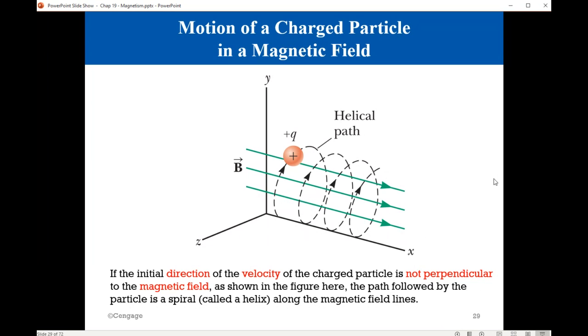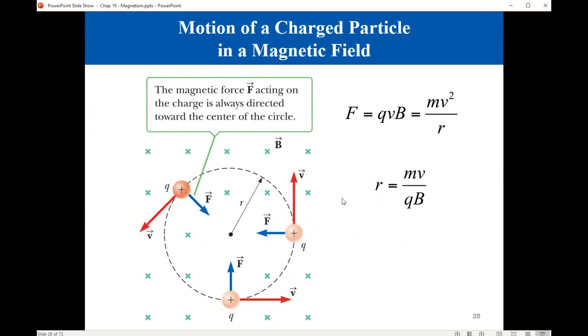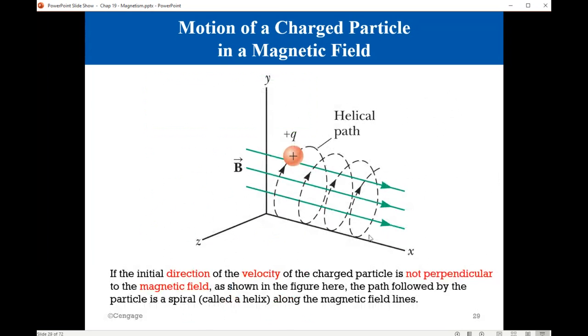We call this a helical path. So the path will be a closed circle only when the initial direction of v is perpendicular to the direction of the magnetic field. If it is not perpendicular, then we decompose it into parallel and perpendicular components, and the outcome will be a helical path like this.